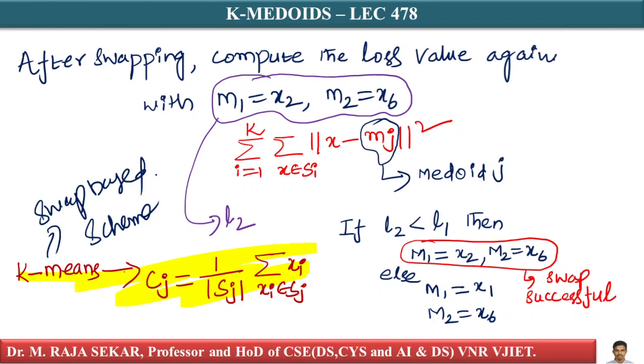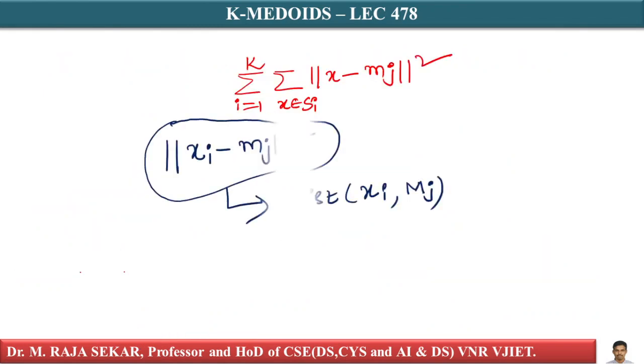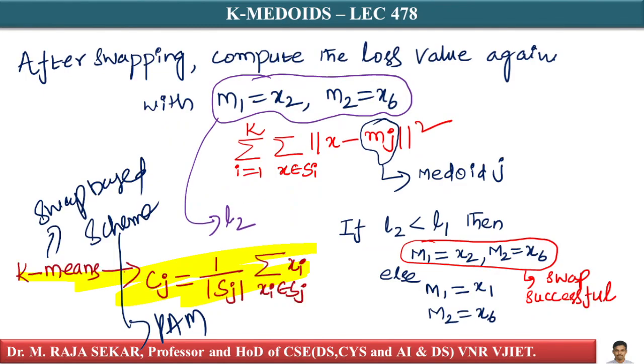This algorithm is called partitioning around medoids. This swap based scheme algorithm is the PAM algorithm, partitioning around medoids, a very popular algorithm for K-medoids.